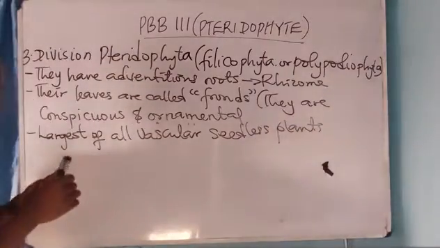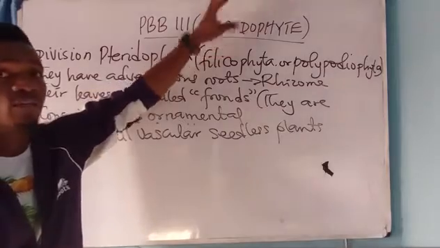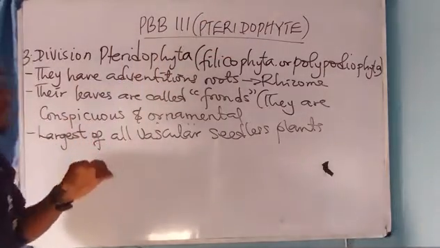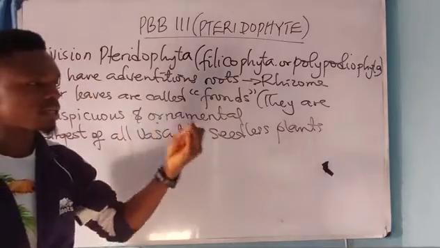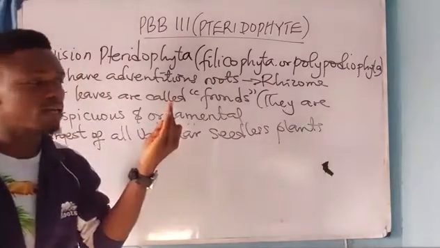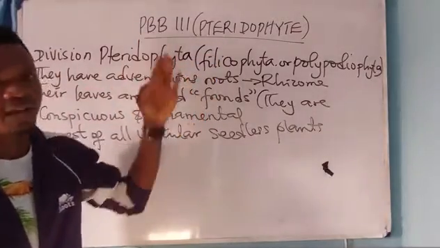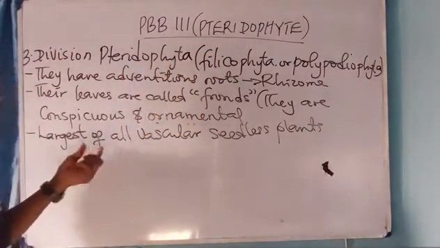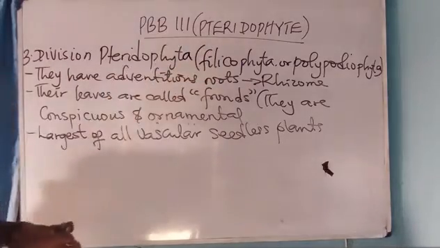That means all of the four divisions have vascular bundles, the Psilotophyta, the Lycopodiophyta, the Equisetophyta, and the Pteridophyta. The one that contains the largest is the Pteridophyta, which are the ferns.